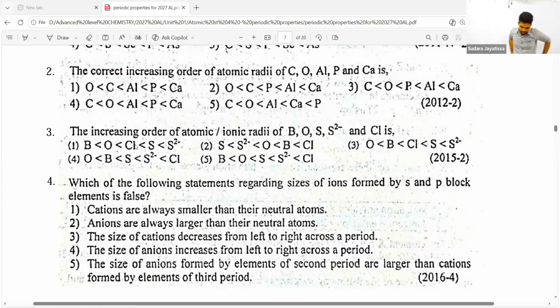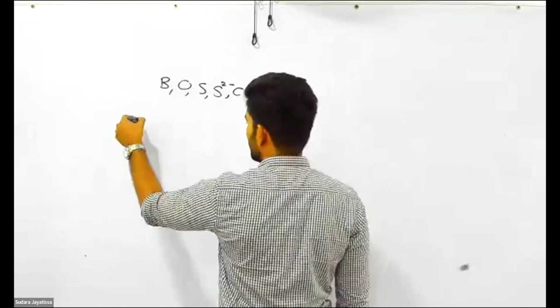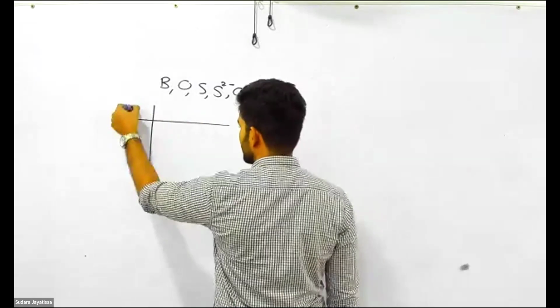Okay, look at the third MCQ. Increasing order of the atomic radii of boron, oxygen, sulfur, sulfide, and chlorine. First of all, see what the locations of these elements are.